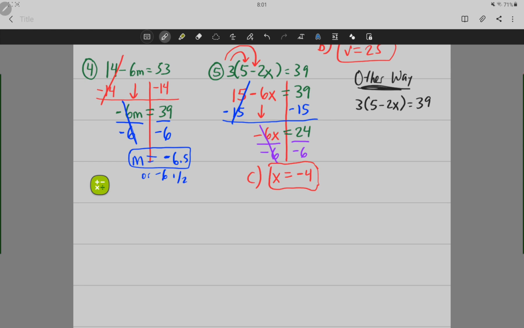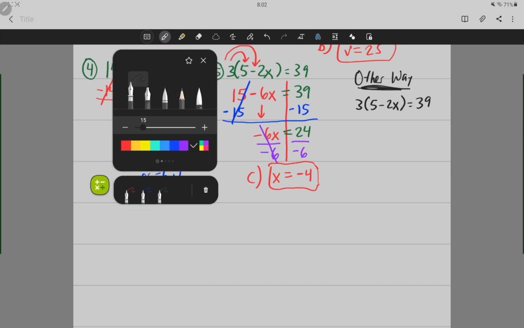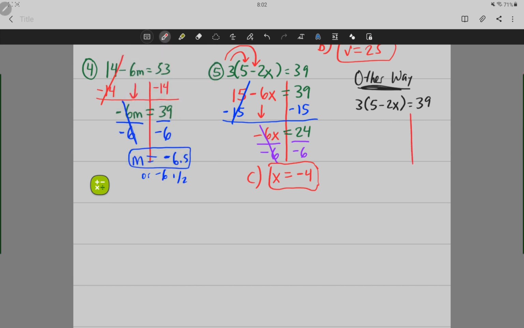So for example, if we have this same problem, I'm going to do something slightly different, but we're going to get the same answer. So what we can do, equal sign, draw the line, that's the same. But now, if we're looking and we see this 3 here on the outside, right?